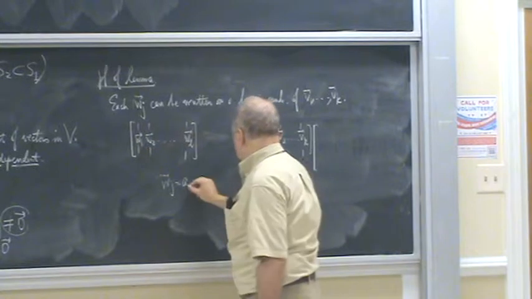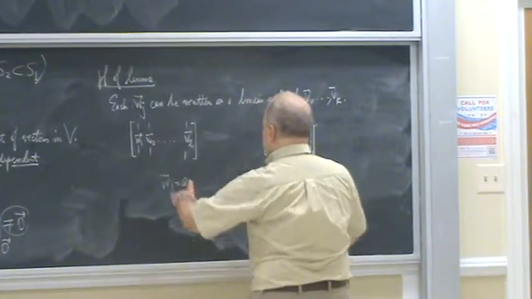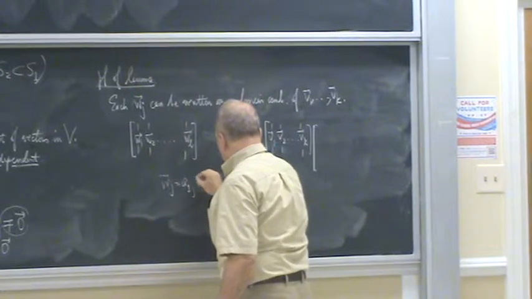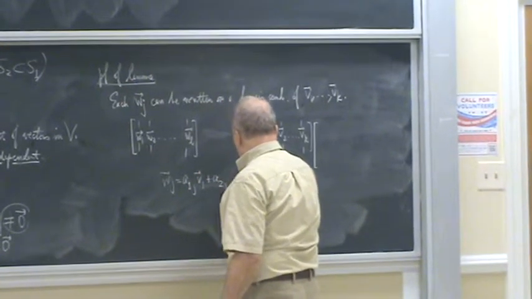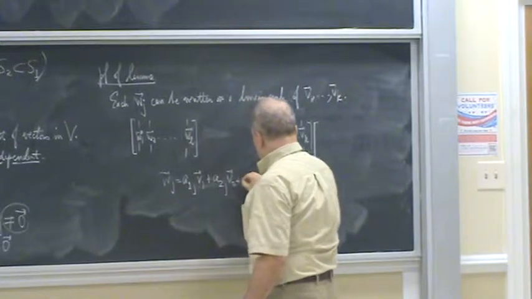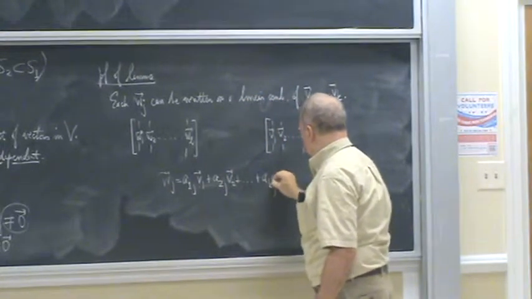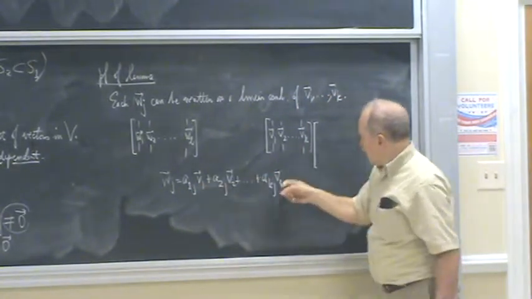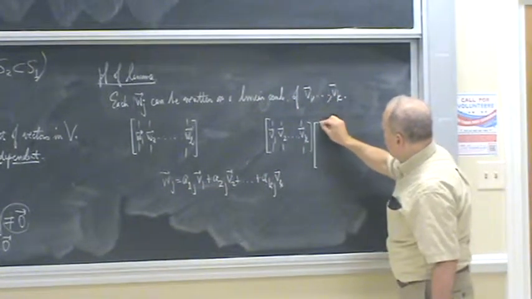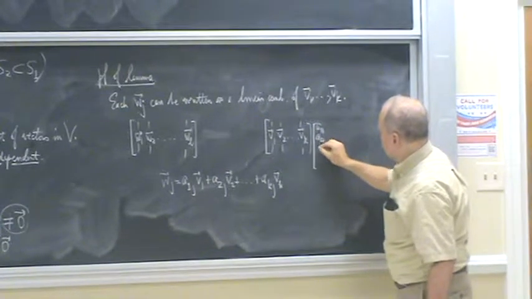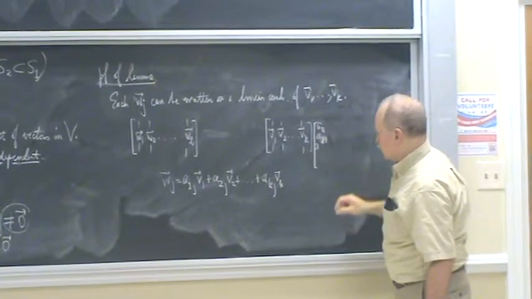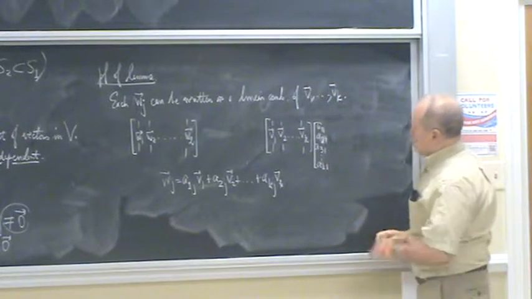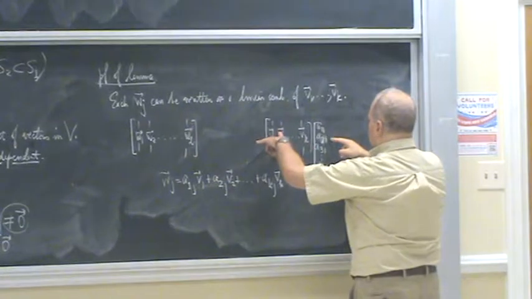If I wrote that Wj can be written as a certain number of each V, then I can make a matrix A by putting these coefficients in.